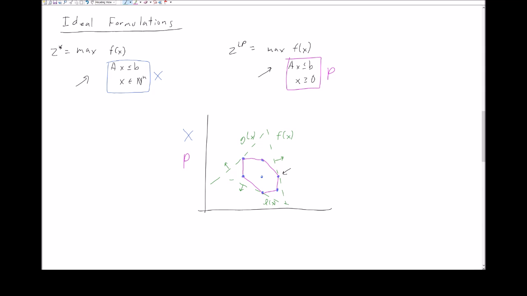And again, the same thing is true. The optimal solution, when we look at L of x as our objective function, is the same for the linear program and the integer program. What we can say then is that the optimal solution to our integer program is equal to the optimal solution to our linear program for any linear objective function. It's important here that this objective function is linear.